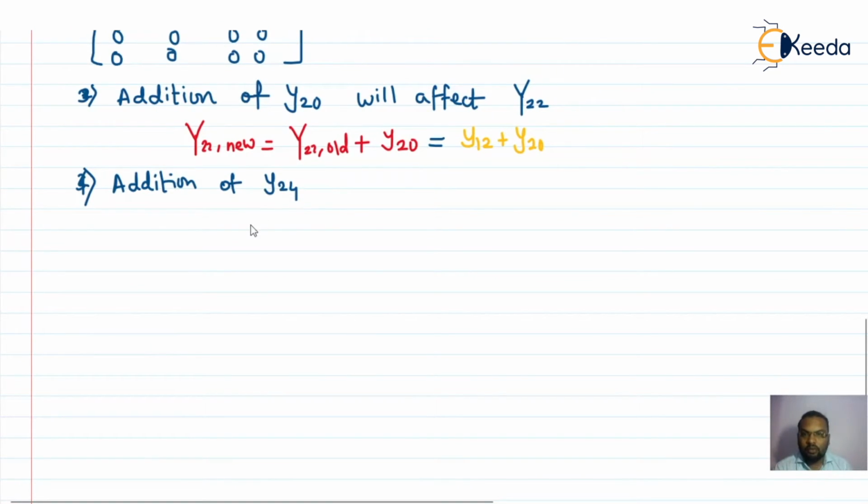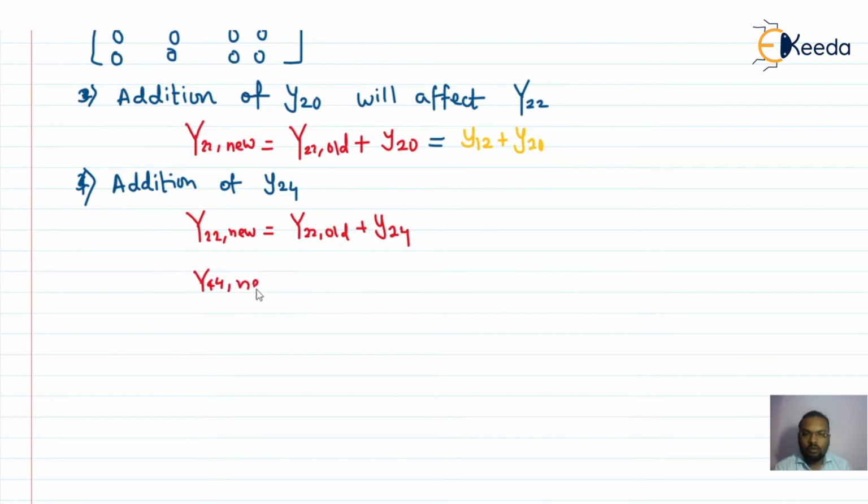How will it affect those 4 entries? y22 new will be y22 old value plus this y24. Same thing, it will affect y44 new value. It is going to be y44 old value plus y24.